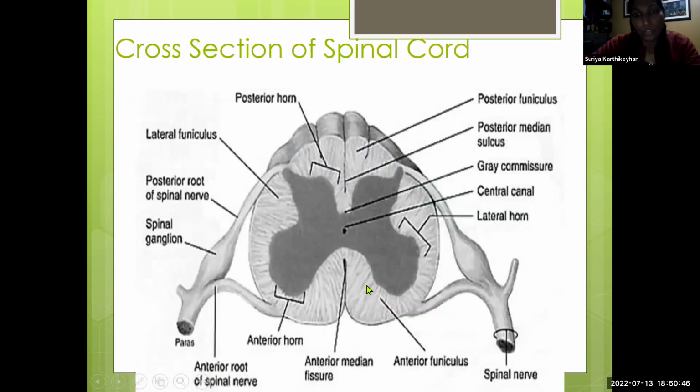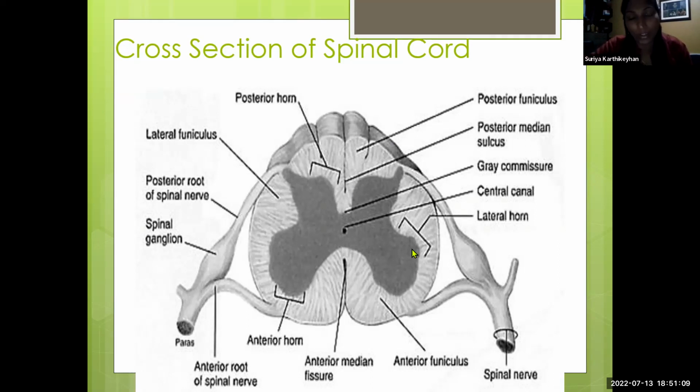In the start of the session itself, I told you, you should remember certain things: gray matter is composed of nerve cell bodies, and white matter is composed of axons. In the same way, posterior means it is mostly sensory, and anterior means it is mostly motor.